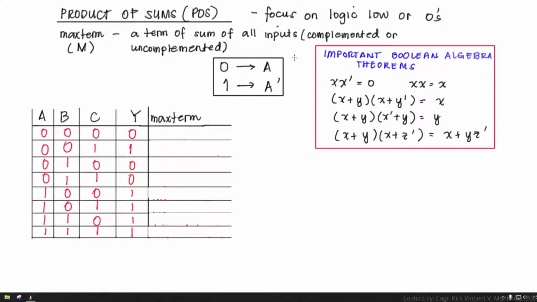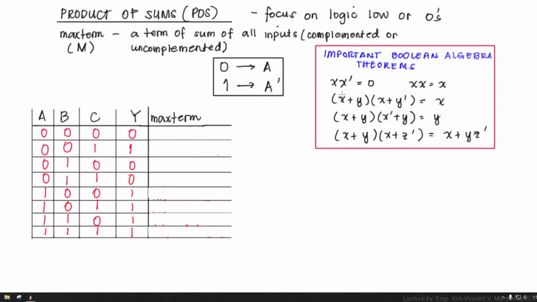Okay. Then on this one, same as in your min terms, there are conventions we need to remember for whether a variable is a 0 or a 1. Take note that for POS, we use this convention: if we have a 0 in a variable, it is uncomplemented. For 1, it would be complemented.